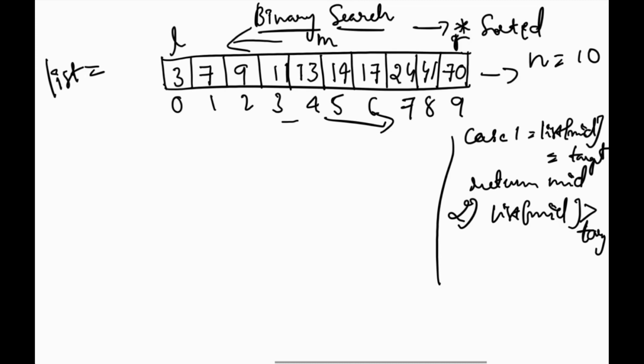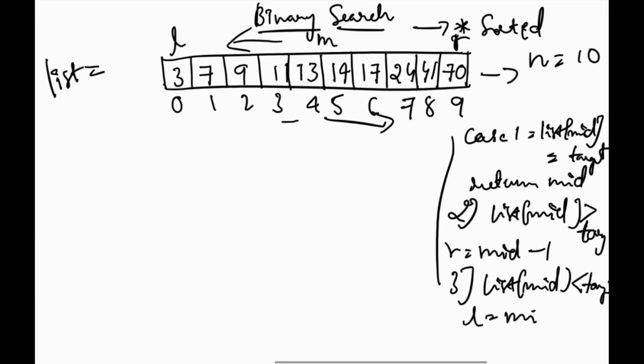If we are moving to the left side, then right becomes mid minus 1. So right is equal to mid minus 1. The third case: if list of mid is less than the target value, then low is equal to mid plus 1.